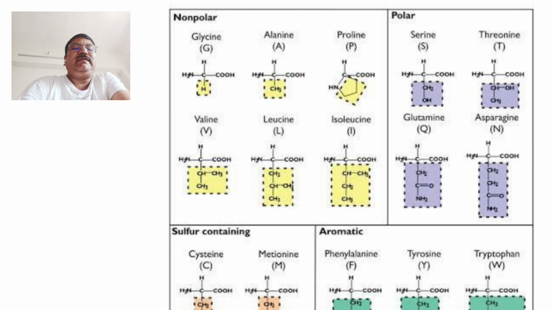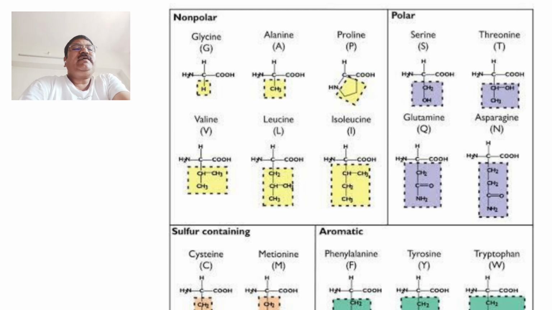Next is valine, where there is a propyl group, (CH3)2CH, as the R group, then leucine and then isoleucine. All these are the six alpha amino acids with non-polar groups, called non-polar alpha amino acids.